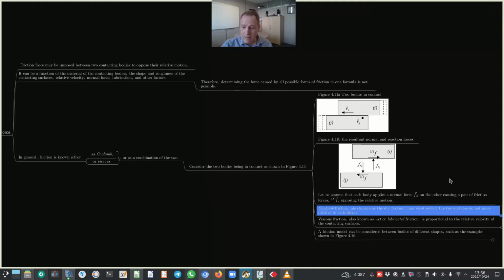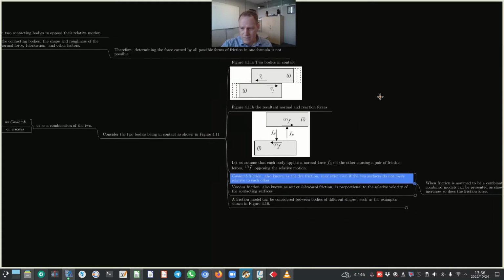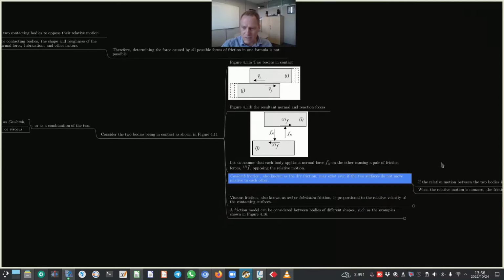Coulomb friction, also known as dry friction, may exist even if the two surfaces do not move relative to each other. Viscous friction, we'll get to viscous friction in a bit.